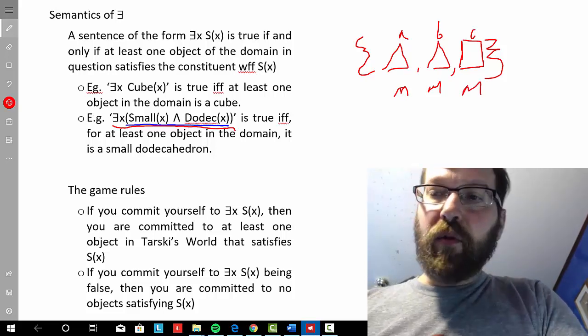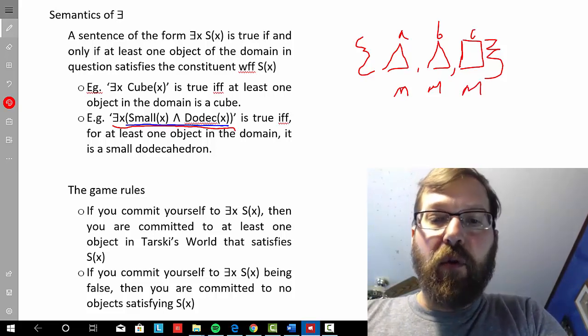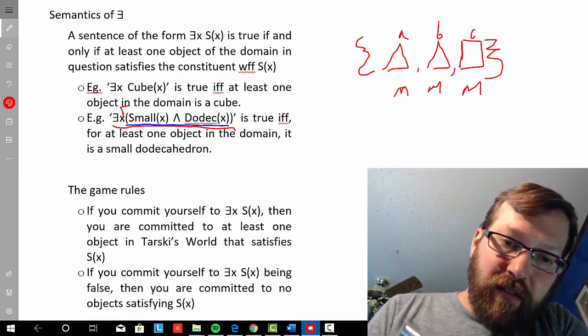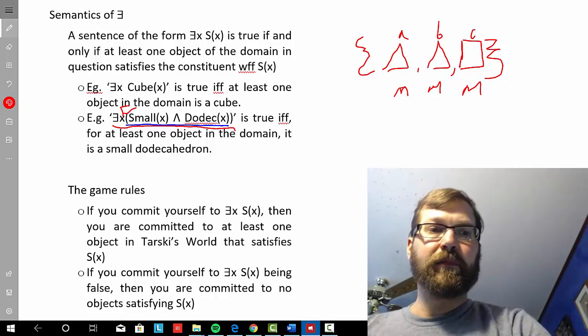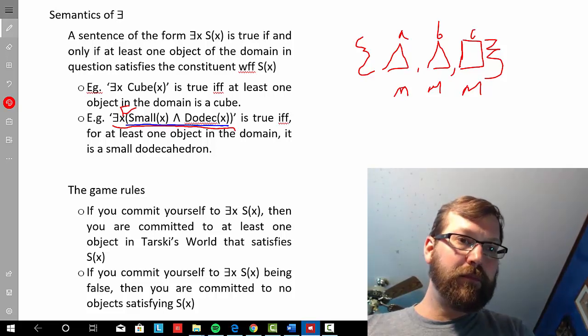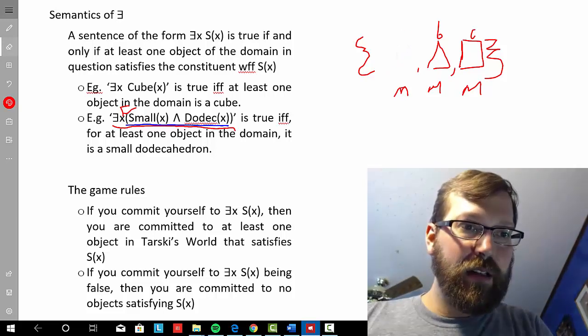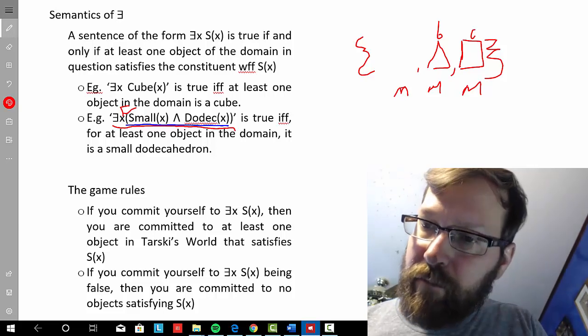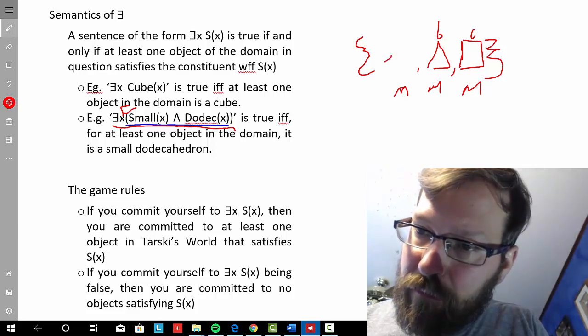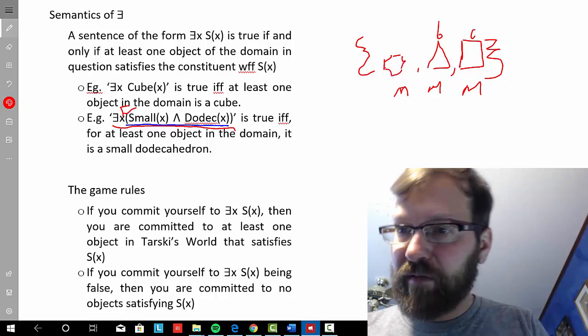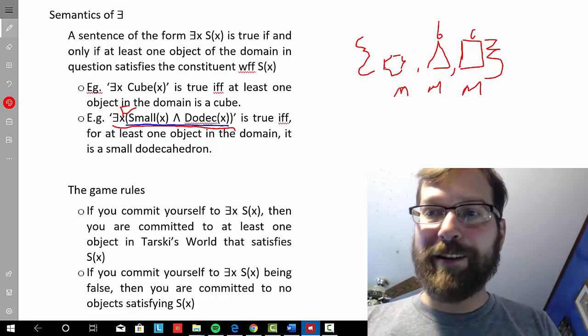B is neither small nor a dodecahedron, and C is neither small nor a dodecahedron. So in that domain, it's false. But if at least one of my objects is a dodecahedron, pretend that this is a dodecahedron, even though it's some weird shape.